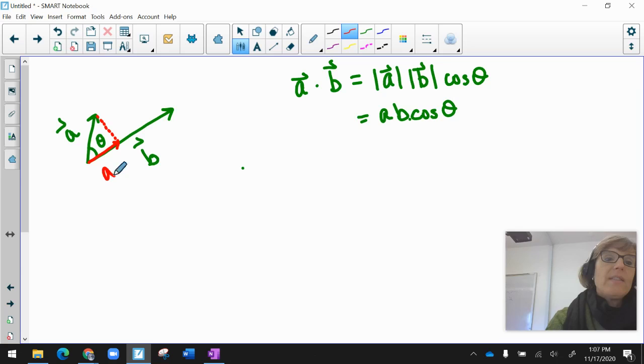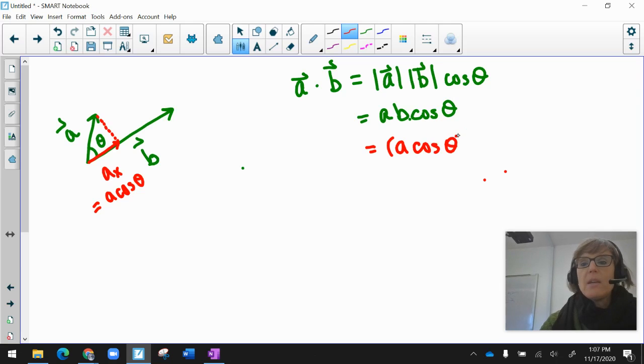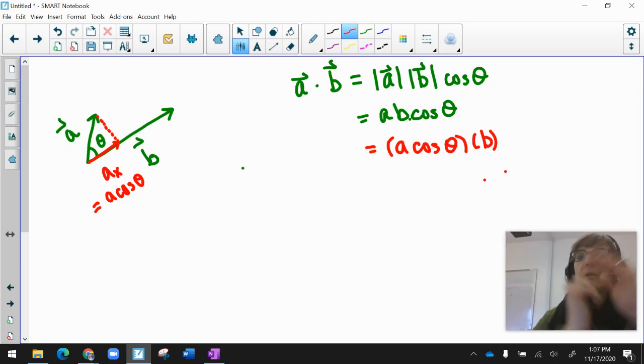This might be, for instance, A_x, and that's going to be equal to A cosine theta. So I could say that my dot product was A cosine theta times B, which I can do because regular multiplication is commutative and associative. So I can clump different things together and multiply them in different orders. This is the part of A that projects onto the direction of B.